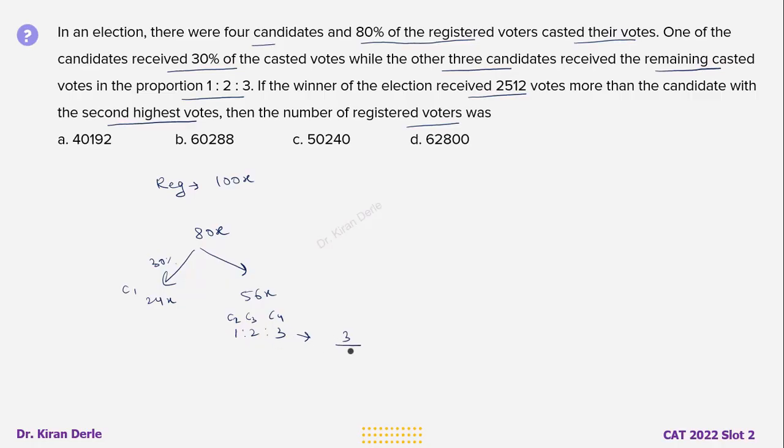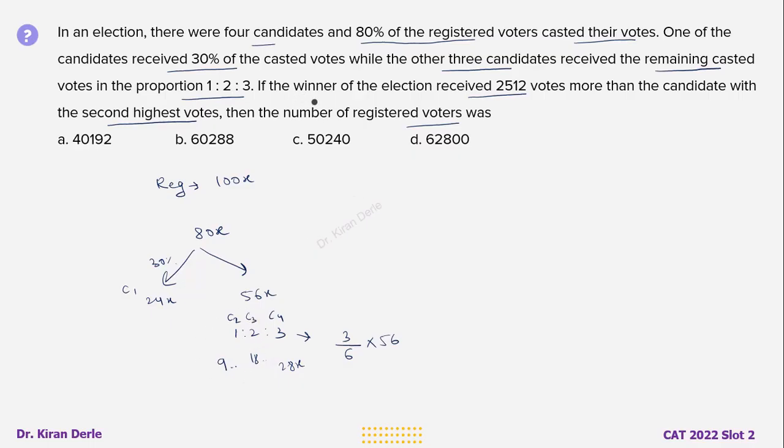Candidate 4 is getting 3/6 of these remaining votes, or half of the remaining votes, which is 28x. So 3 parts is 28x. That means 1 part is approximately 9 point something, 2 parts will be 18 point something. Please try to understand, there is no need to calculate this.